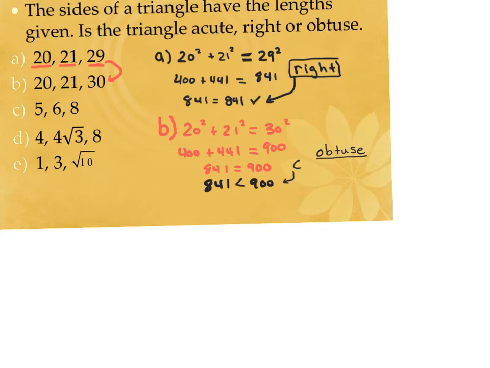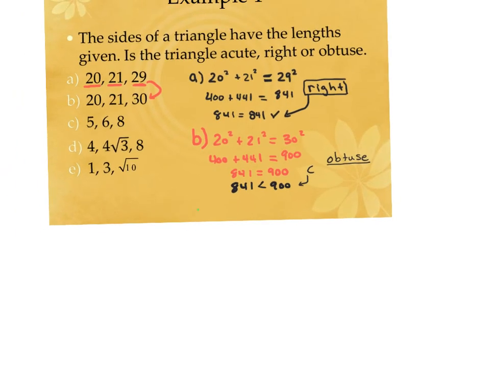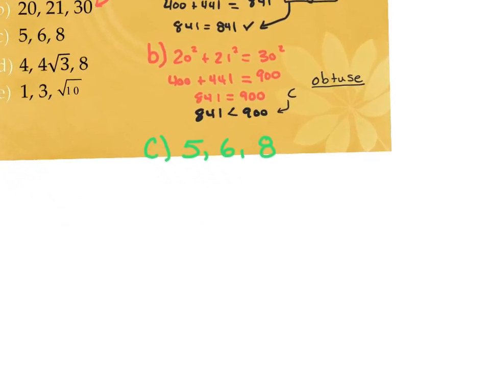Let's go on to C. Somebody new. Hook me up. Yes, sir. Okay, so 5 squared plus 6 squared is equal to 8 squared. So I got 25 plus 36 is equal to 64. And it's not true.